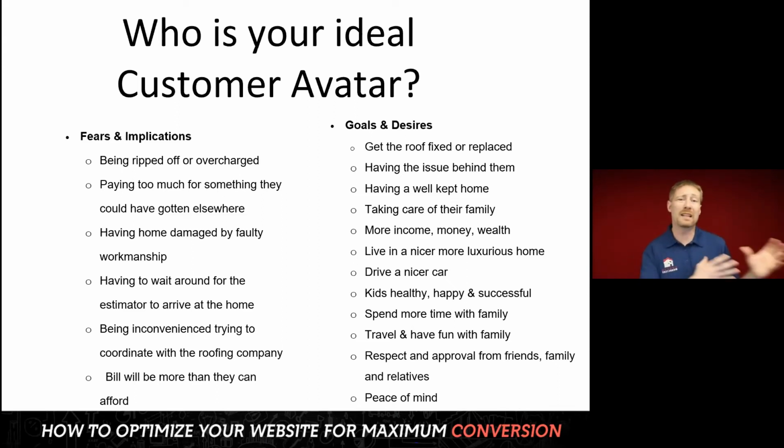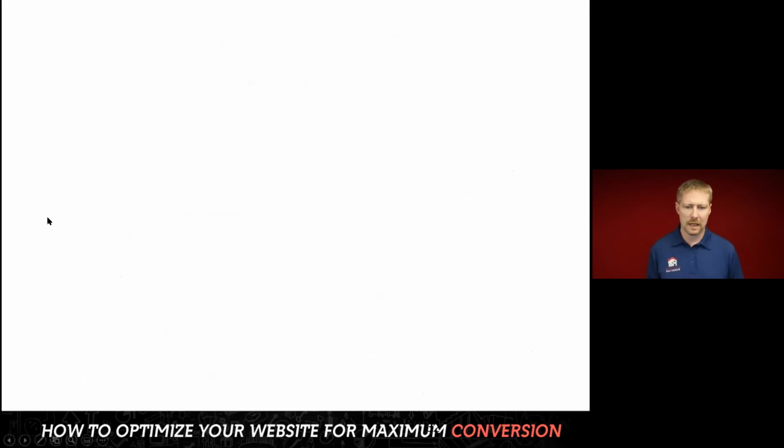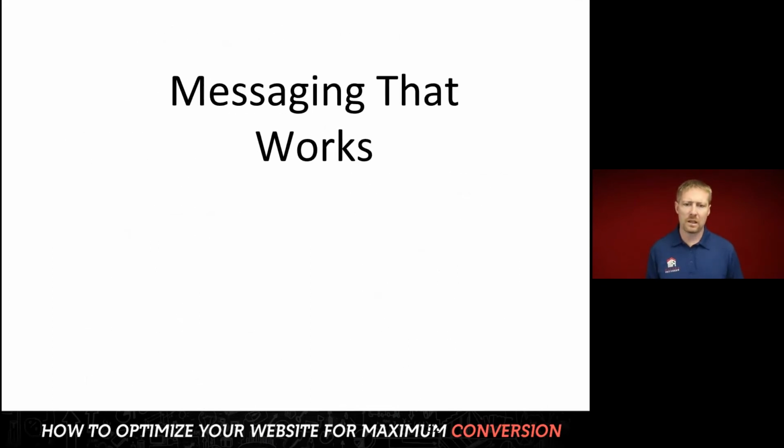They want respect and approval from their friends, family, and relatives. So they want to be able to say, I made a good decision here, right? And they want that peace of mind that they've done the right thing. And so you want to focus on messaging that works for each of those perfect customers.